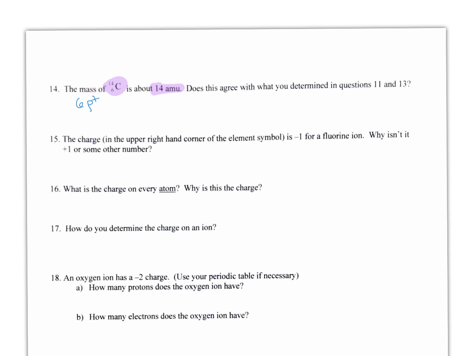I get that by subtracting 14 minus 6, so that would be 8. So 6 plus 8 equals 14. So this is all equaling this number. If each of them are 1, then yes, it does. Yes, because there's 14 protons and neutrons, and each of them equal 1 AMU, which would be 14.